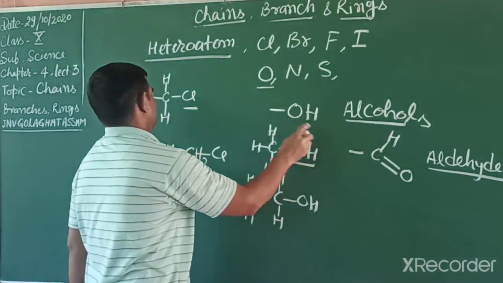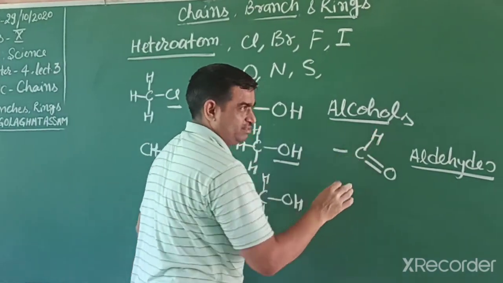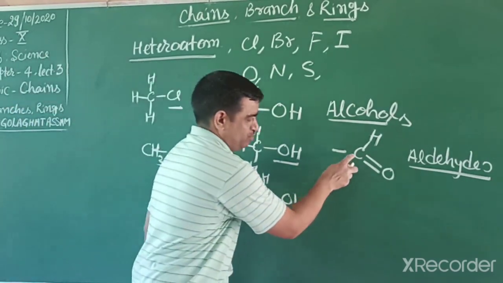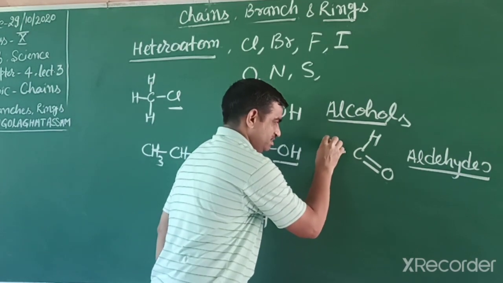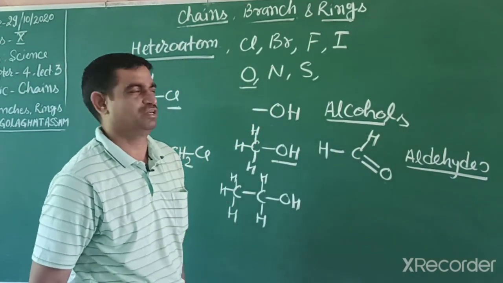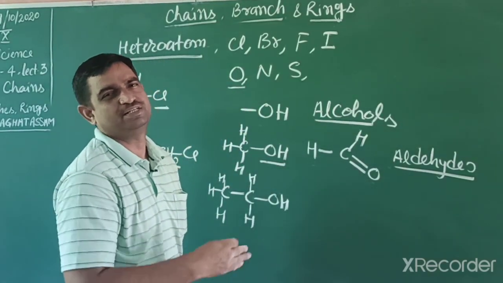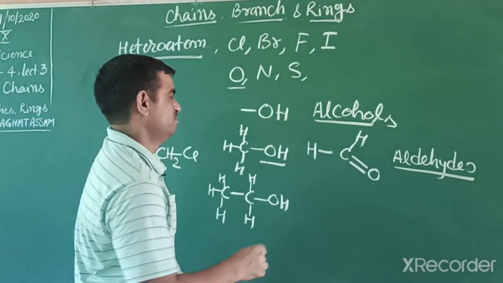We can remove 1 hydrogen or more than 1 hydrogen, and oxygen is attached with a double bond. In this we can write first, each atom is hydrogen, so the first compound is this aldehyde. We will write its IUPAC name, and after that do a detailed study of aldehydes.